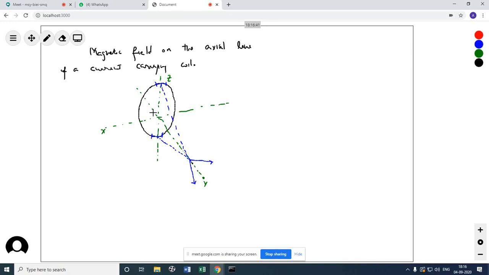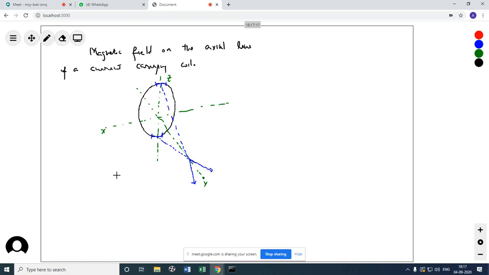Given that, let's say this is the X axis, this is the Y axis, so in the anti-clockwise sense means X. So this is X, this is Y, and this is Z. Correct. We're interested to find the field at this point, or somewhere here. So what are we going to do now?